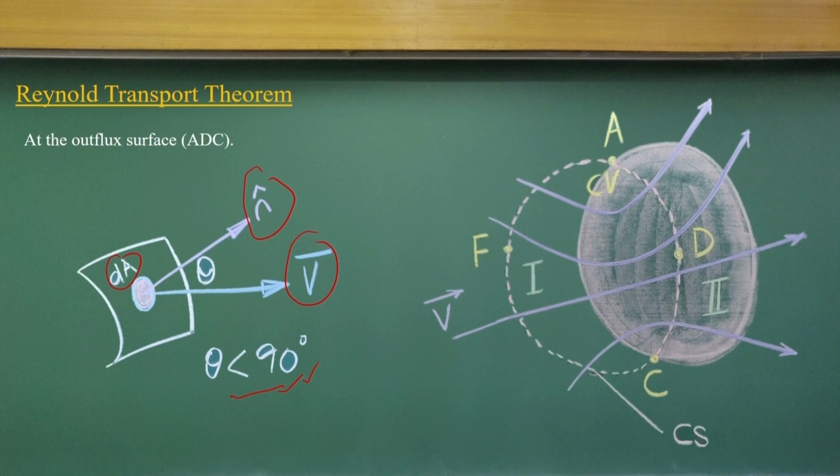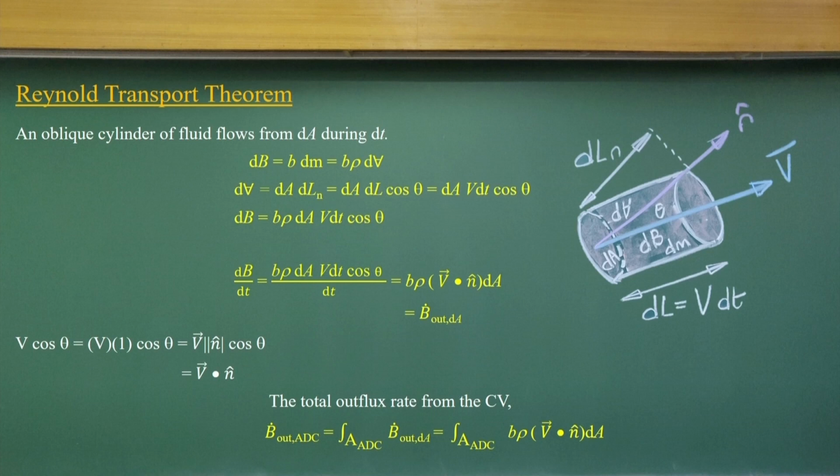If I look at it very simply, for the same element area, I have the velocity vector, and n is the normal unit vector of this surface. In a delta t time, if you know this velocity v, then the length of this imaginary volume will be v into dt, velocity into time.